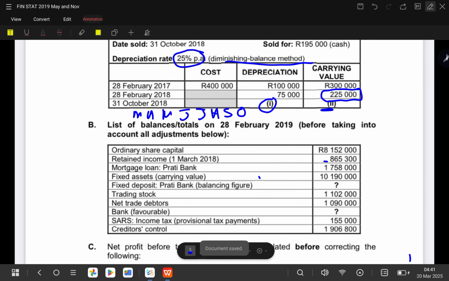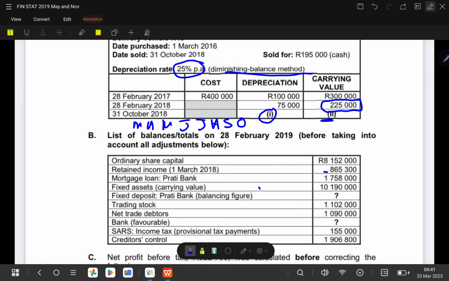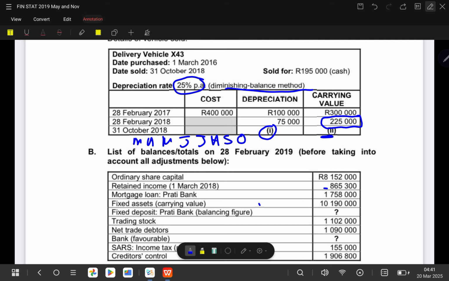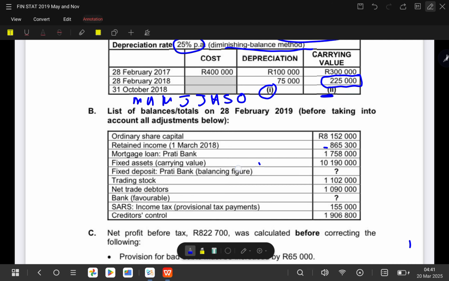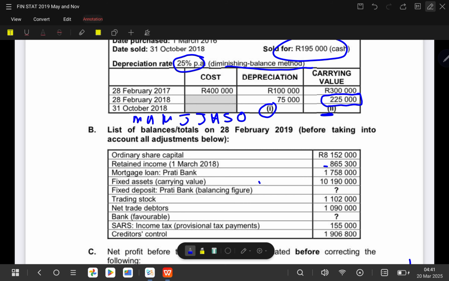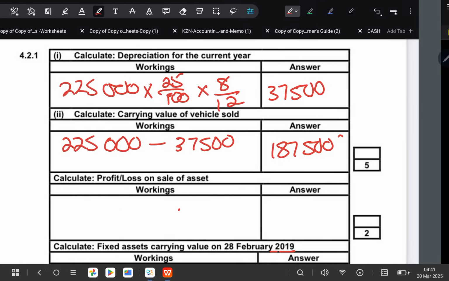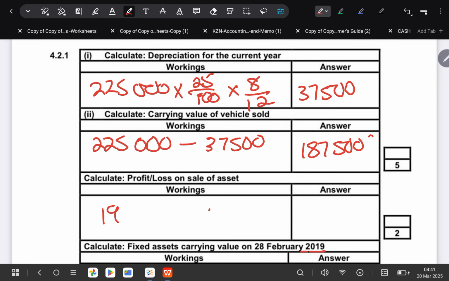And then from there, they are saying that you need to calculate the profit on sale of asset. You'll get that information from your fixed asset note. Remember, they said it was sold for 195,000 cash. So if you say 195,000 and then you subtract the carrying value at the date of sale, it will give you the profit.